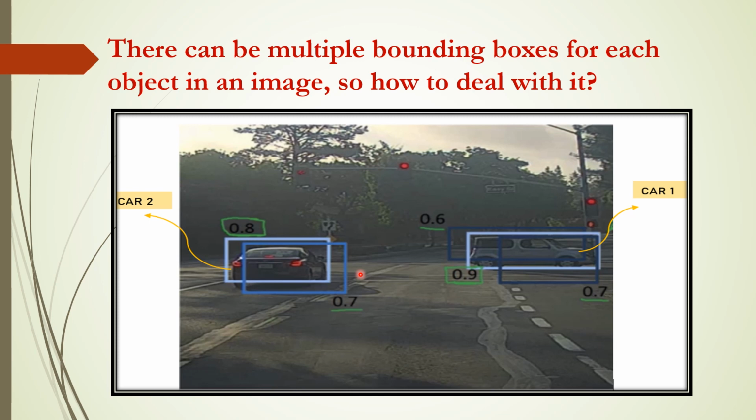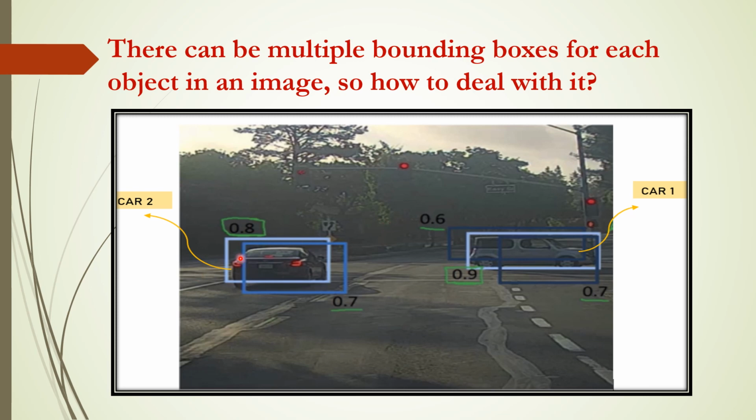So when we run this algorithm, we might end up with multiple detections for the same object. What non-maximal suppression does is clean up the other unwanted detections, so we just end up with one detection for a particular object.